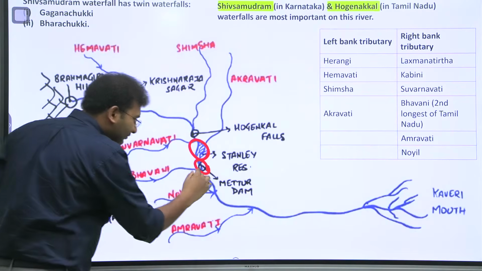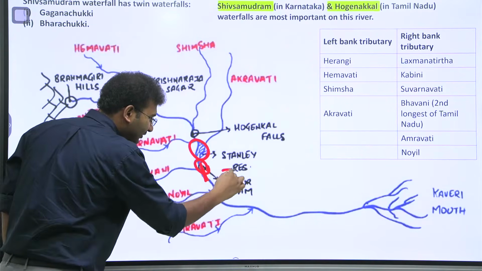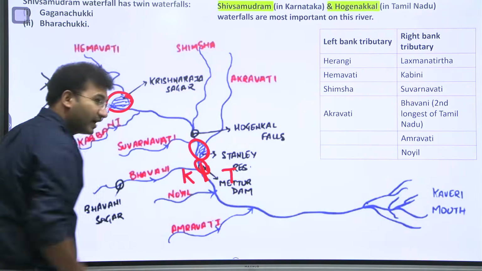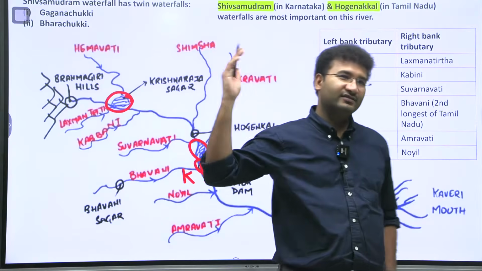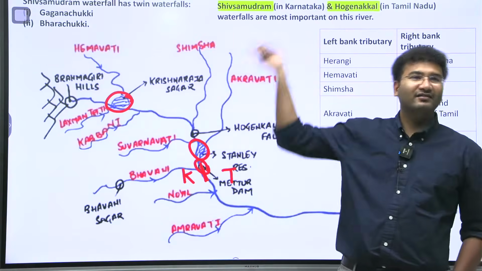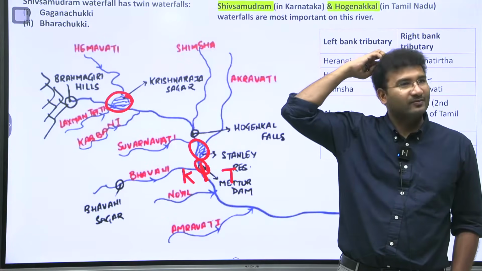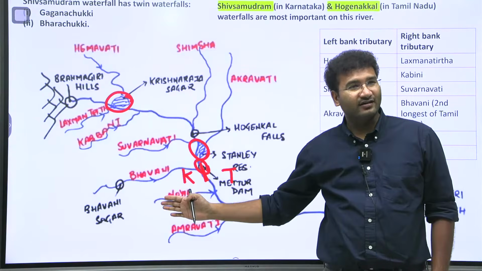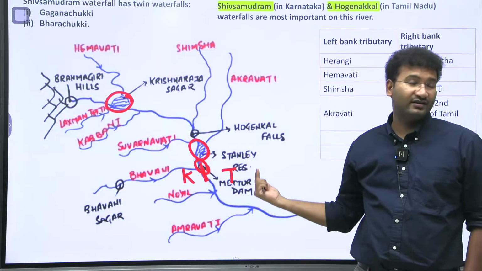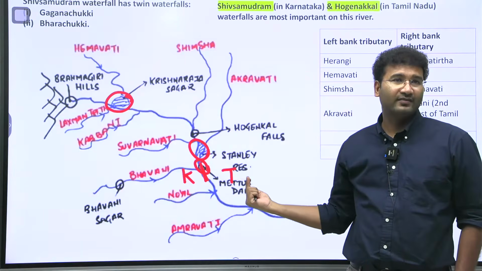This Metur Dam is an issue between Tamil Nadu and Kerala. Why? Because this was given on lease for 800 years by the erstwhile king who was there, right? So it is located in the territory of Kerala, but given on lease to Tamil Nadu.